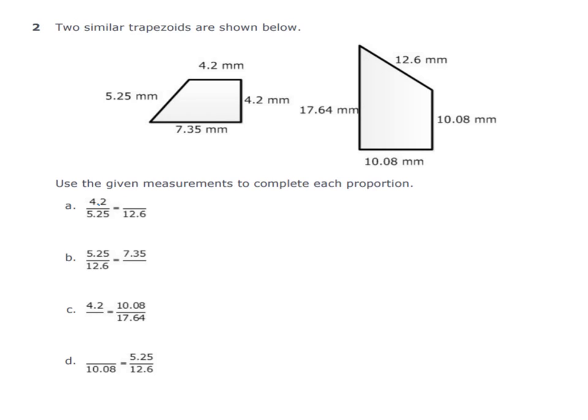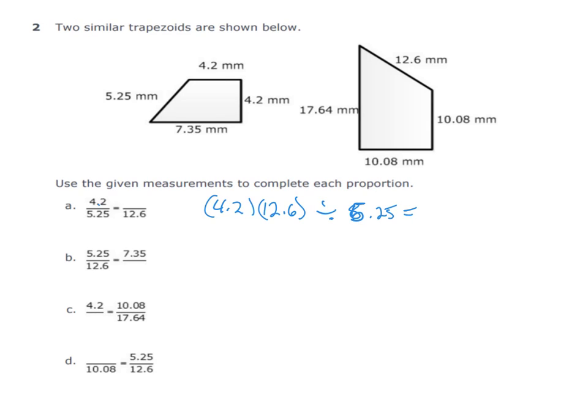So if I take 4.2, let's take 4.2 and multiply that by 12.6 and divide that by 5.25. Let's see what we get.